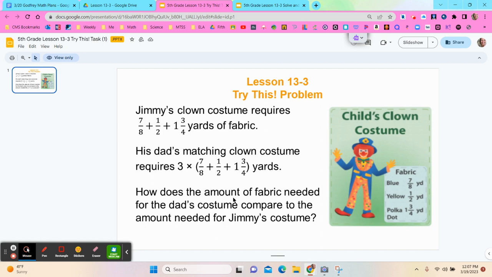How does the amount of fabric needed for the dad's costume compare to the amount needed for Jimmy's costume? Well, I'm thinking that because it's 3 times the same amount as Jimmy's, we can just assume the dad's needs 3 times as much fabric. That's pretty simple as far as a way to explain.